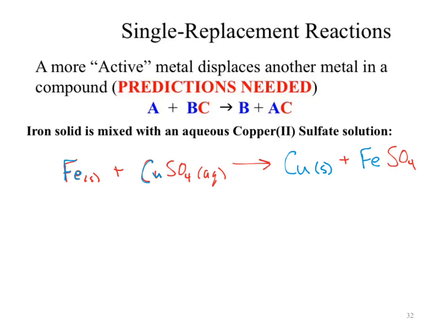And that's a much harder question to ask. That goes back to the more active metal. The more active the metal, the more likely it wants to be in a compound. So if we look at this, reactants versus products, let's say the reaction did occur. When we then look at our solution after we've mixed them, what would we expect to find within it? If the reaction did occur.